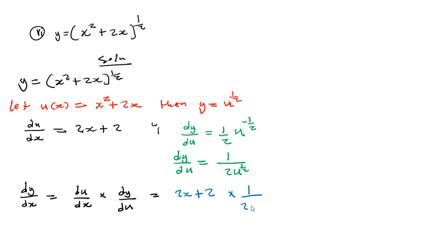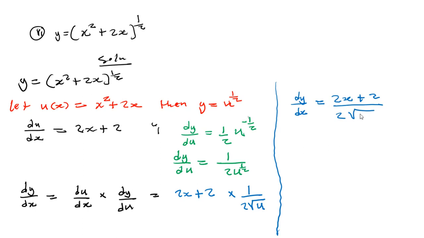Remember, u to the power half can simply be written as the square root of u. Then multiply that by that, since 1 times anything is just that. So dy/dx is simply equal to 2x plus 2 over 2 square root of u.